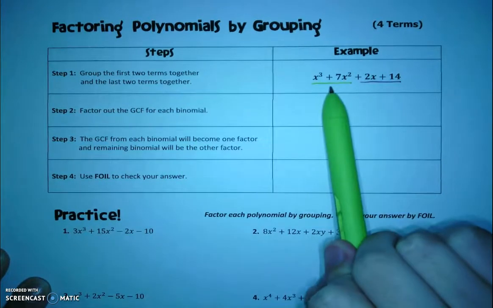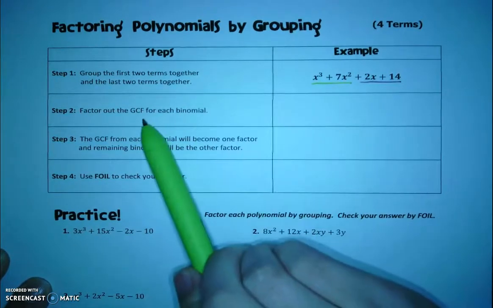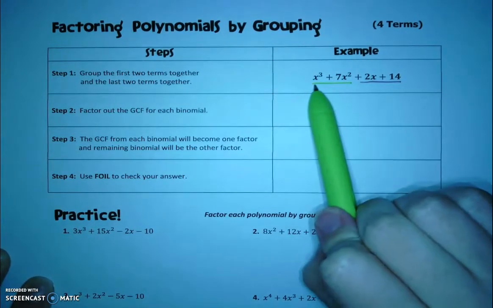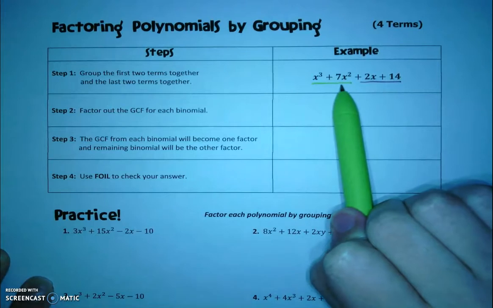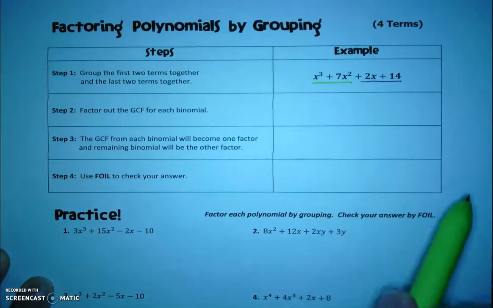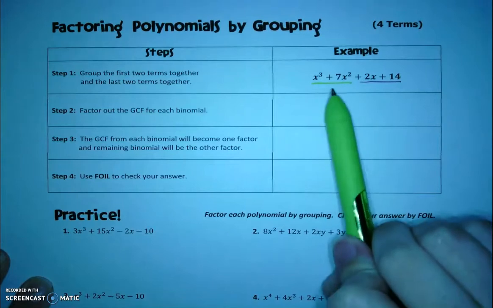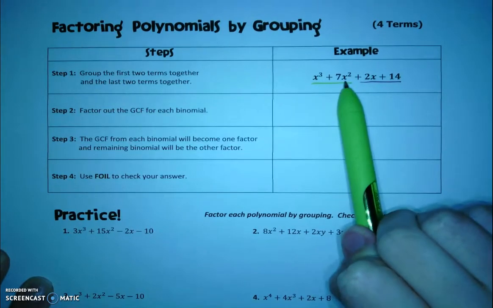Once we group them together, we are going to factor out the GCF for the 2 things that we're looking at. Between x cubed and 7x squared, we want to figure out that GCF. Remember, a GCF can be a coefficient, or it can be a variable, and it can be a combination of the 2. In this case, we have x and we have x.